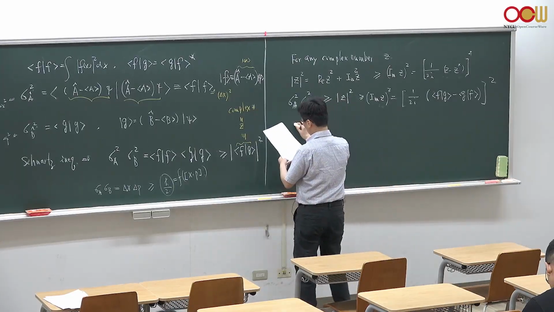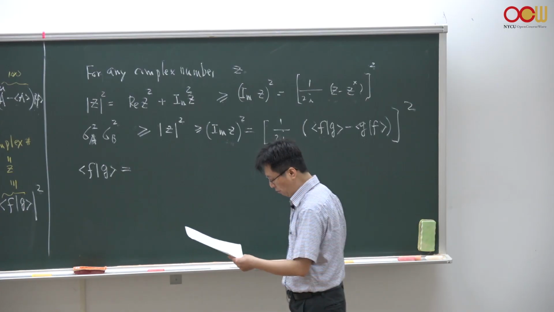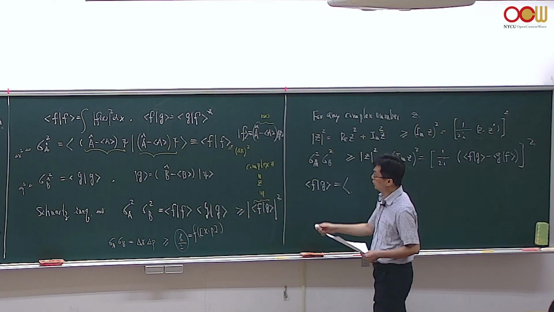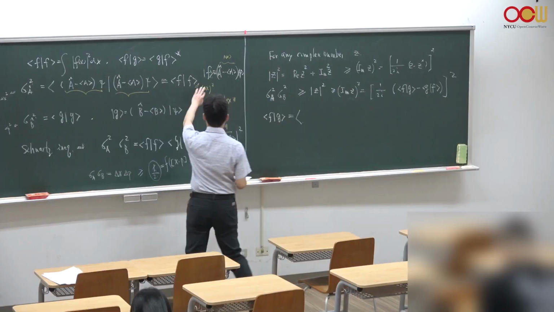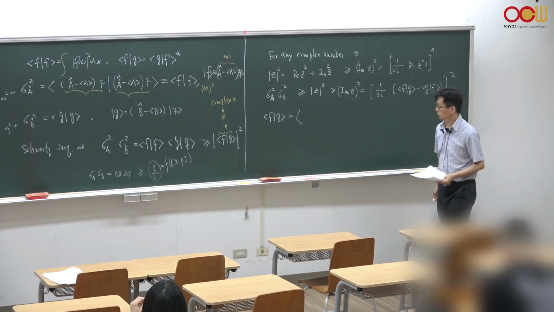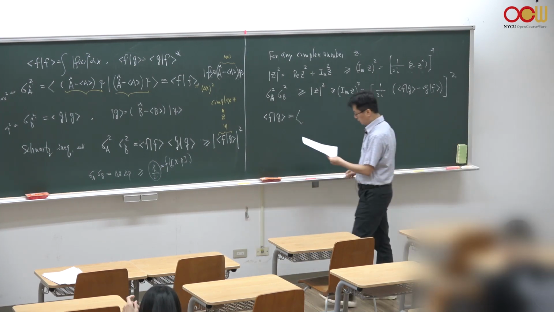So let's try to evaluate this inner product between f and g. I plug in this definition of f and g in terms of the standard deviation when you take a measurement for a particular operator A or B.